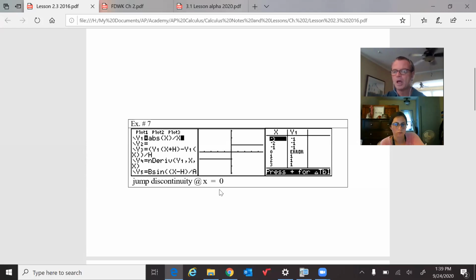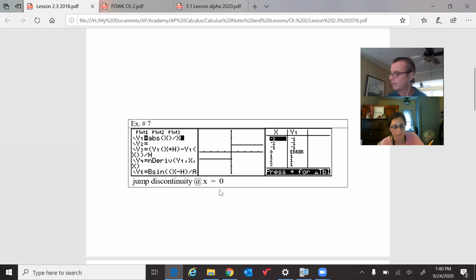So what are we saying? The limit as x approaches 0 from the left does not equal the limit as x approaches 0 from the right. Therefore, the limit as x approaches 0 of y1 does not exist.